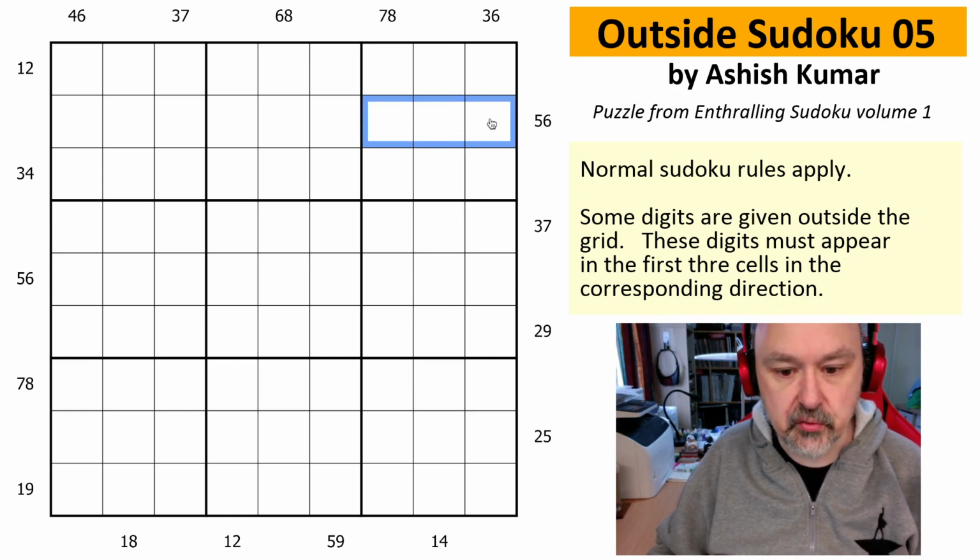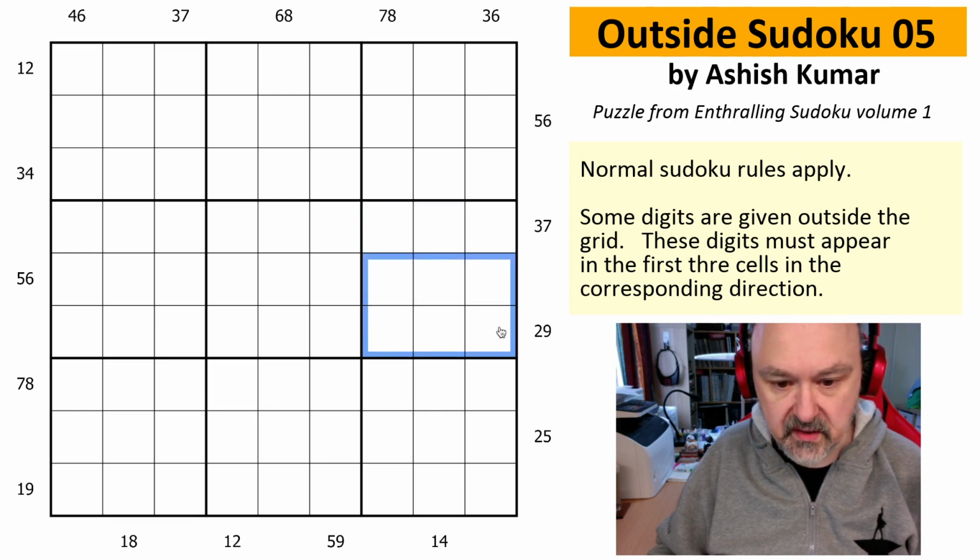So when there is a clue provided outside the grid, then those will appear literally in those. They will not appear in these 6 boxes. 3 and 7 must appear there. 2 and 9 must appear there.